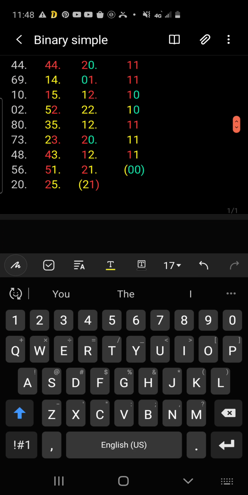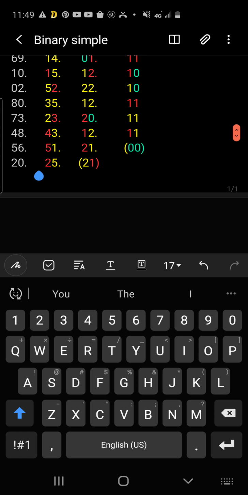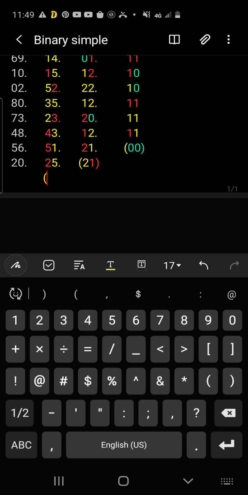So now we add to this portion over here. Okay. So we're saying that it's going to add 2. It's going to take away 2 from here. So we are saying that, put this in parentheses to let it know this is the guess. This is not the factual, but the yellow subtraction.